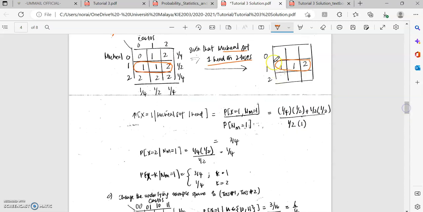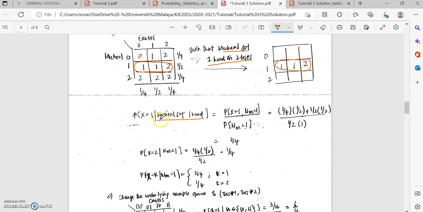There's no 0 because it's conditioned on Michael obtaining one head in these 2 tosses. So we can have X equals 1 as well as X equals 2.